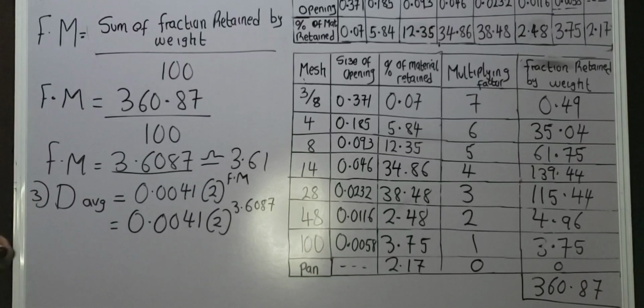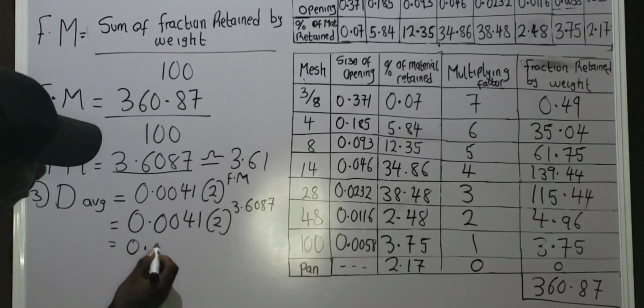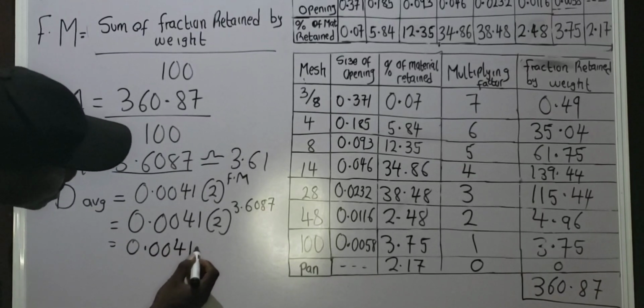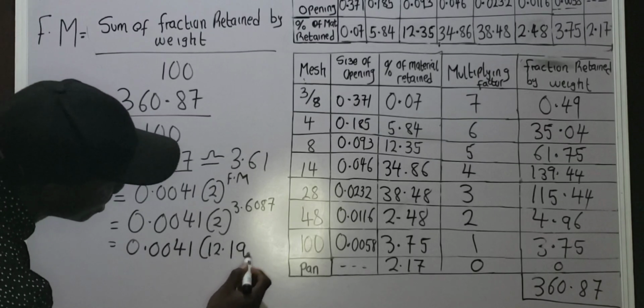So let's proceed. The next step is 2 raised to the power of 3.6087. If you punch that in your calculator, you are going to get 12.1991. So this will be 0.0041 multiplied by 12.1991.